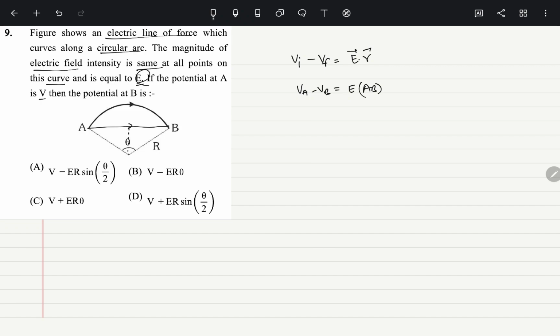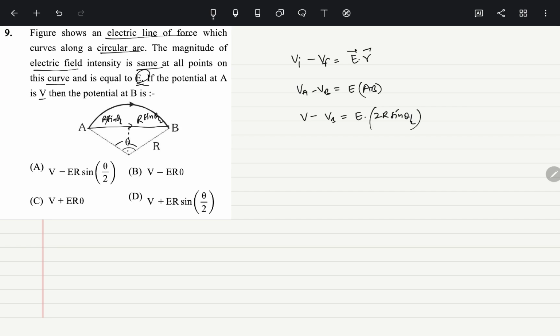See here, this is theta by 2, so R sine theta by 2, and this is also R sine theta by 2, so the total is 2R sine theta by 2. So VA, which is V, minus VB is equal to E into 2R sine theta by 2.